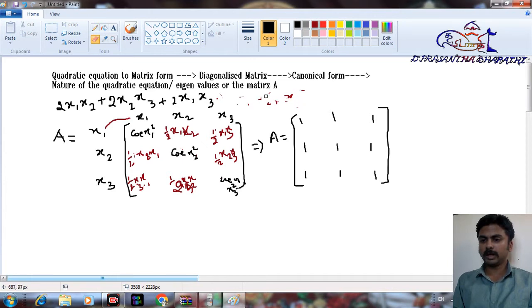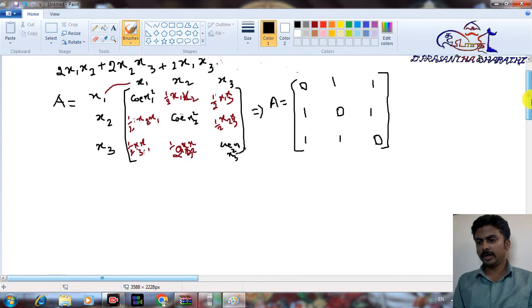We have only 2x1x2 plus 2x2x3 plus 2x1x3, so our diagonal elements will become 0, 0 and 0. So now we have A.